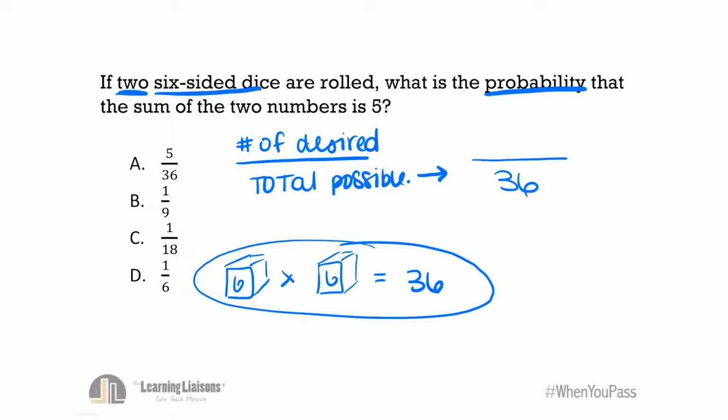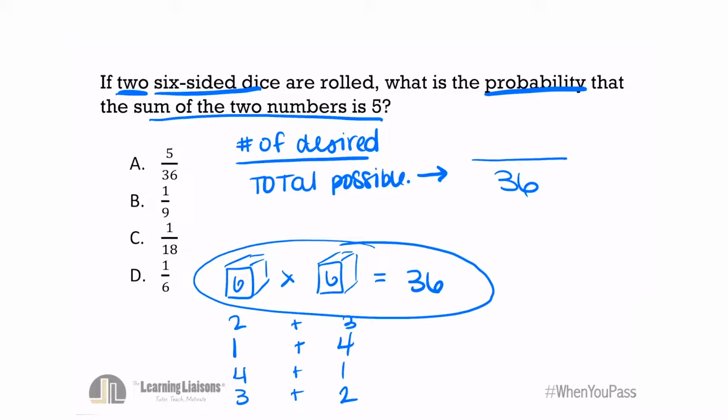Now, I'm looking for a sum of 5. Well, what would a sum of 5 give me? A sum of 5 would be 1 plus 4, 4 plus 1, 2 plus 3, or 3 plus 2.